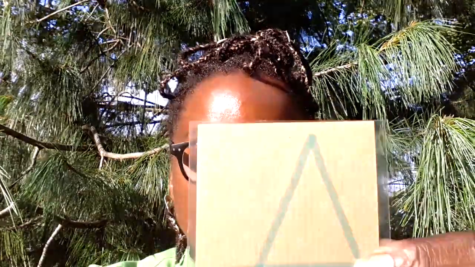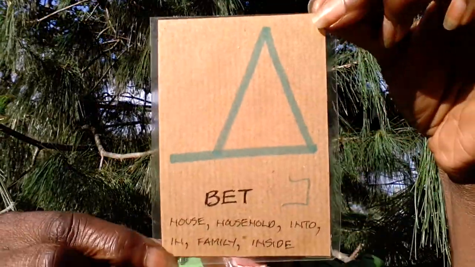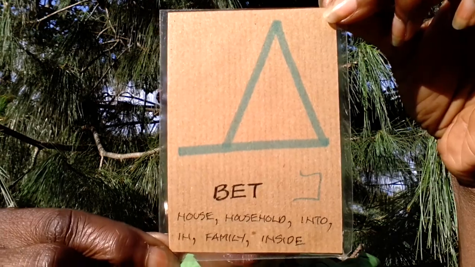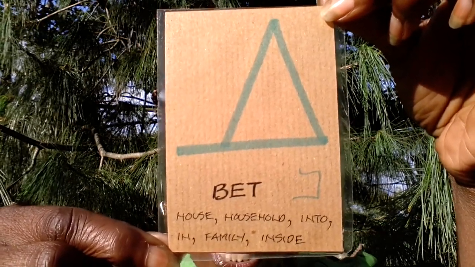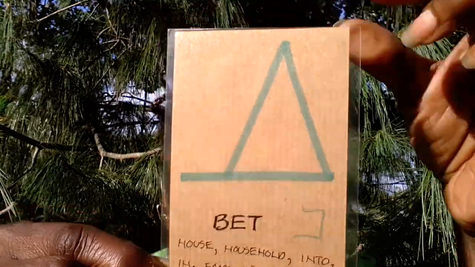Next one is bet, which is like a tent, like a house. So it means house, household, into, in, family, and inside.